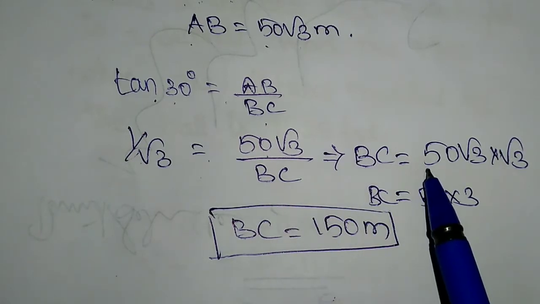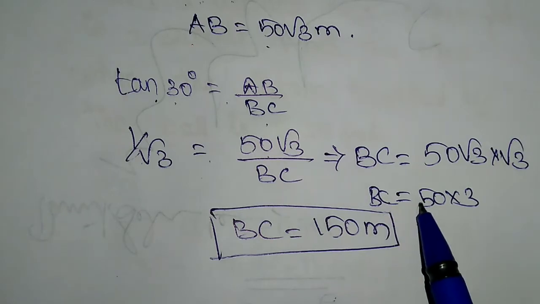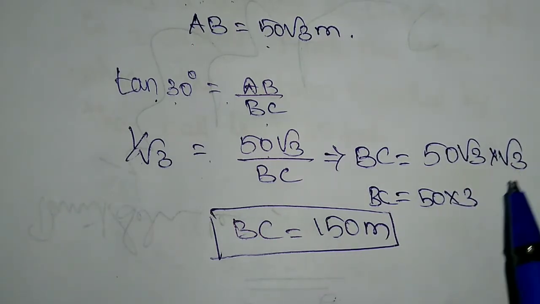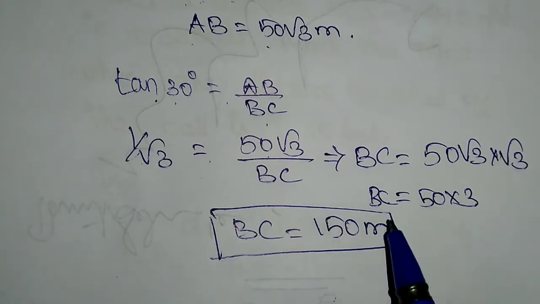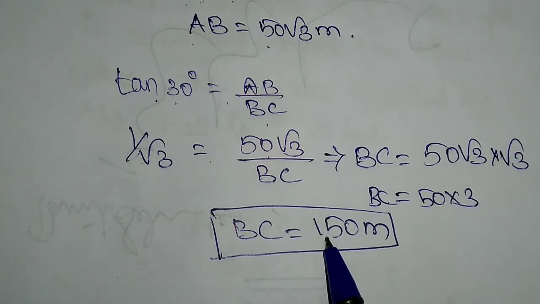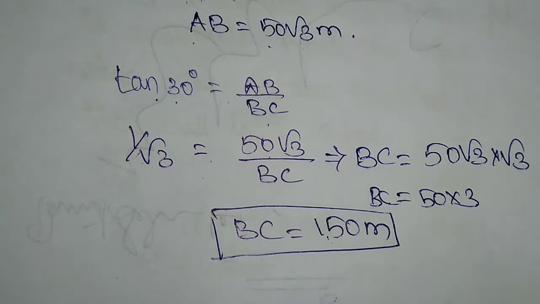Here BC is equal to 50 into root 3 into root 3. Root 3 into root 3 gives 3, so BC is equal to 50 into 3. So BC is equal to 150 meter. So the distance between the car and the rock is 150 meter.